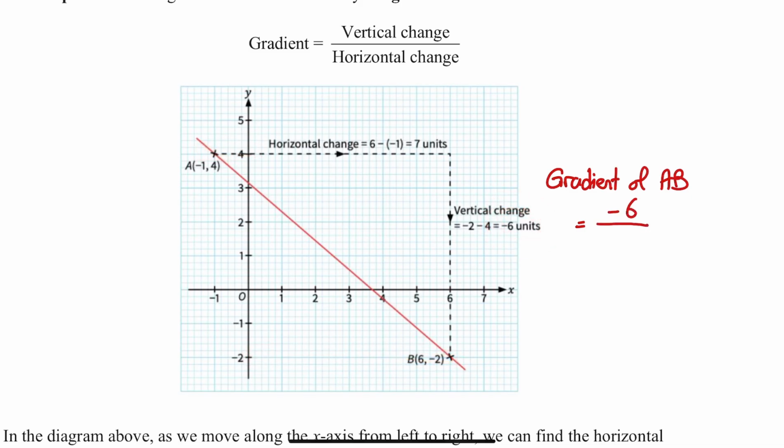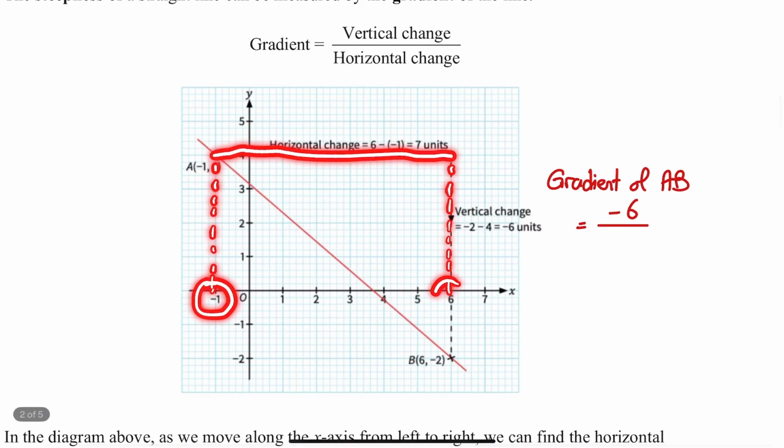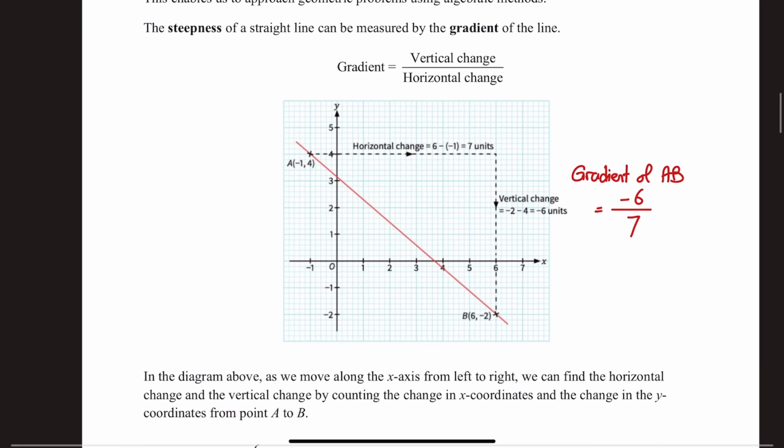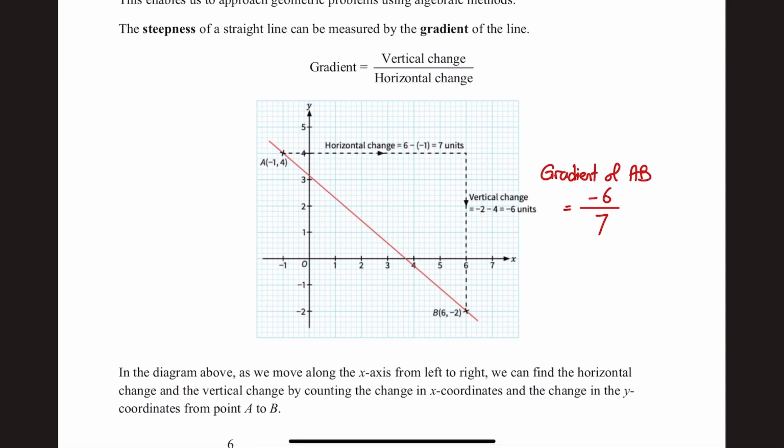And the horizontal change from A to B, the change in my x value, is from -1 to 6. So the horizontal change is actually 7 units. This entire thing here is 7 units different. So therefore, that is simply your gradient of line AB.